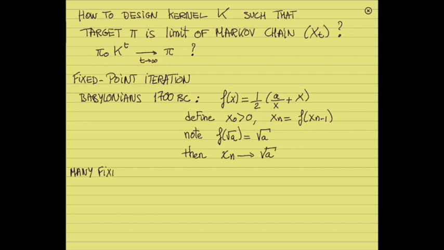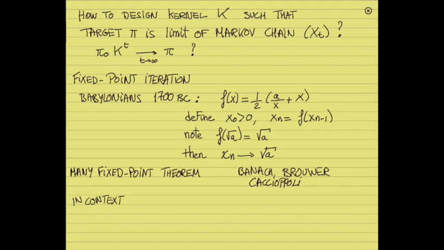So that's one example of many fixed point iterations that have been the topic of analysis by many people, in particular in the 20th century, Banach, Brouwer, or the Italian mathematician Caccioppoli. So the idea here is to define a fixed point recursion, a recursion such that the object of interest constitutes a fixed point, so is invariant by one step of the recursion.